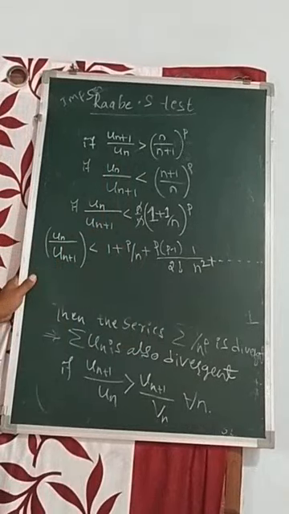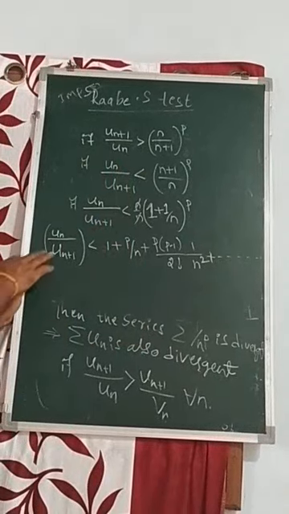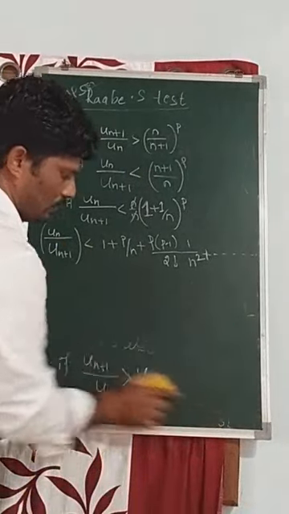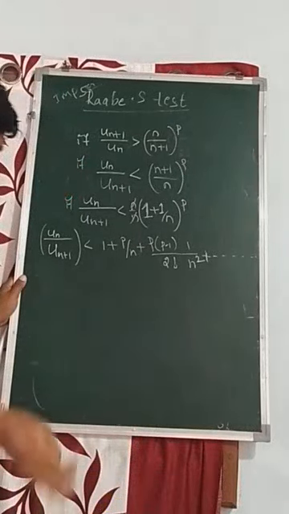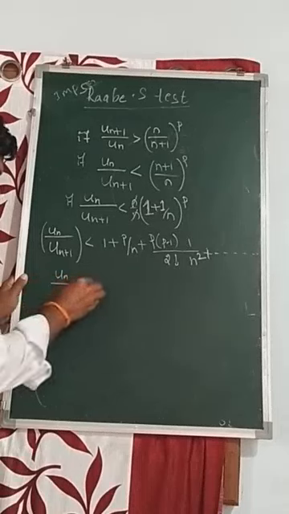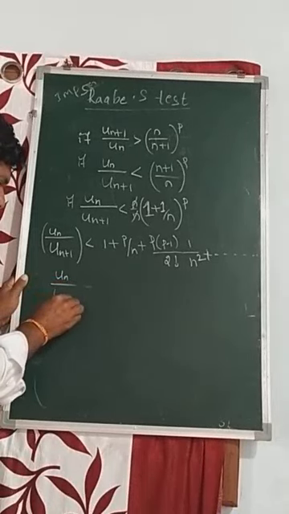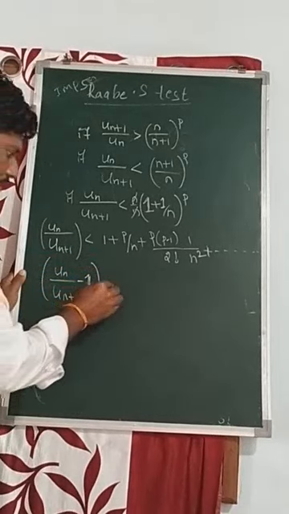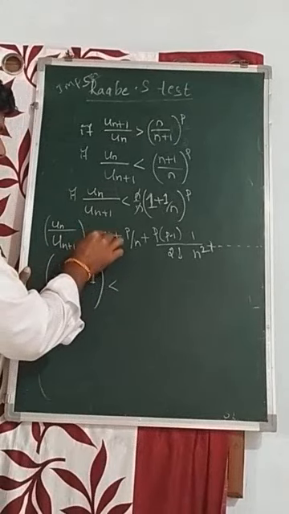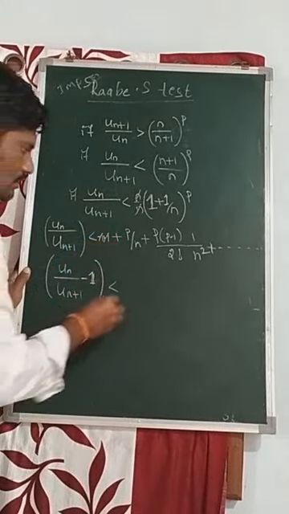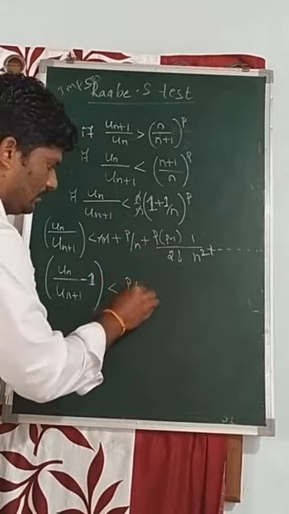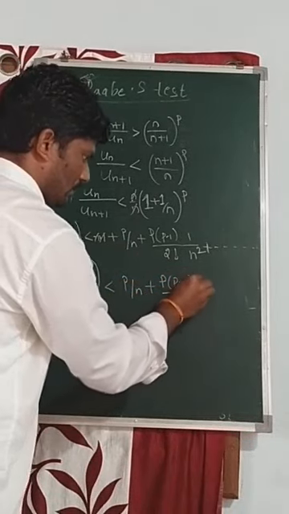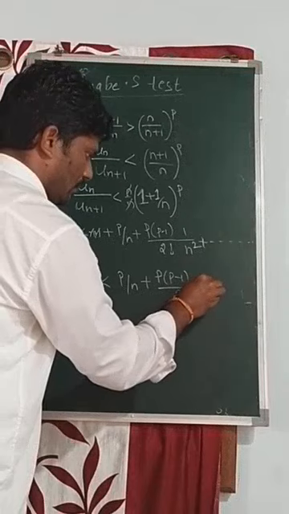Expanding the terms. Next, taking both sides minus 1. Un divided by un plus 1 minus 1 is less than, here also minus 1 plus 1 cancels, first term p by n plus p minus 1 divided by 2 factorial 1 divided by n square plus and so on.